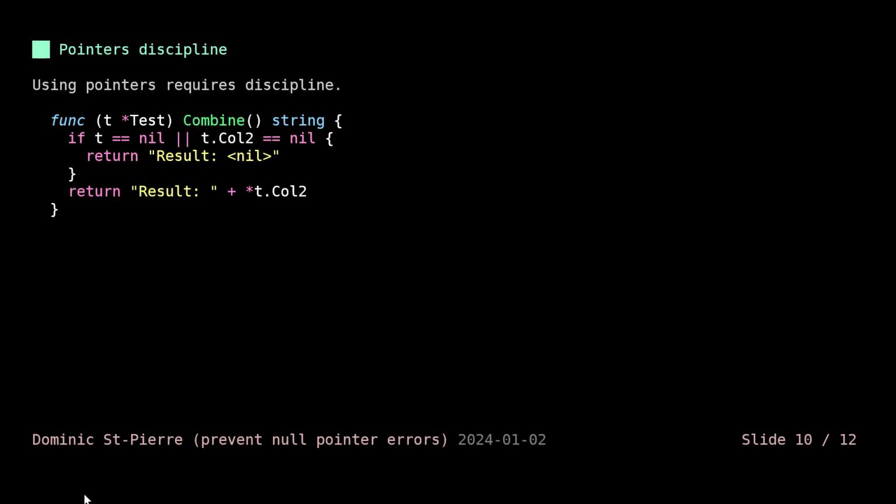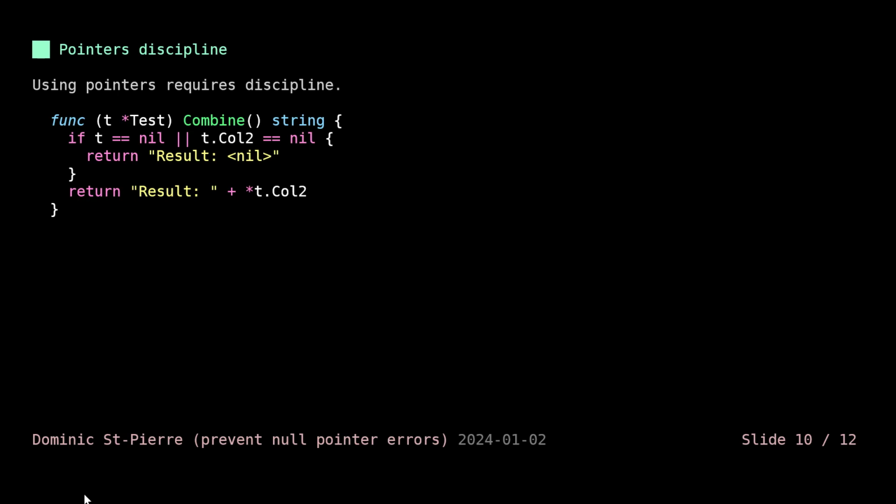So if you are planning to have any kind of pointer, then this is obligatory. You need to be ready to write that kind of code. And I know that a lot of people don't like if err is not equal to nil, but pointers require that kind of code block all over the place.